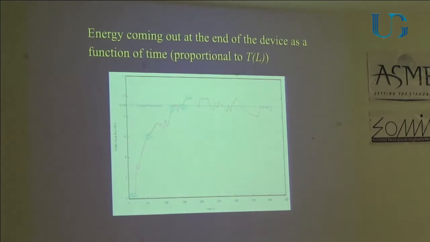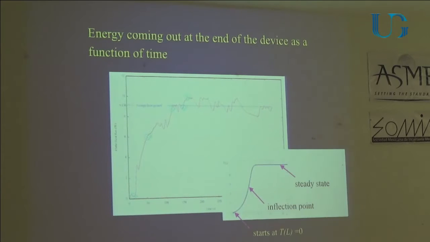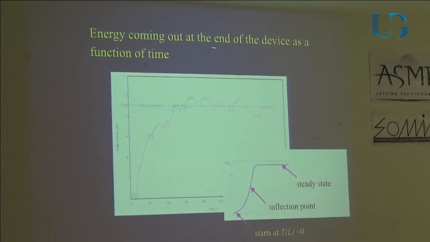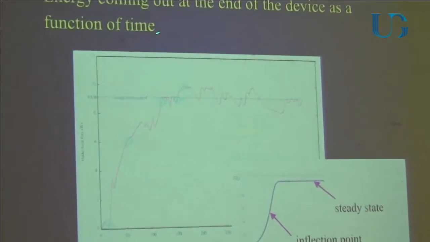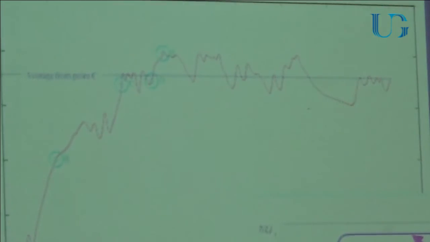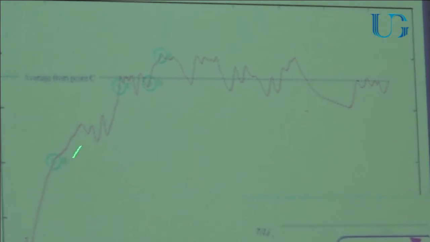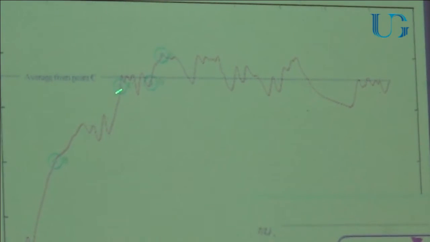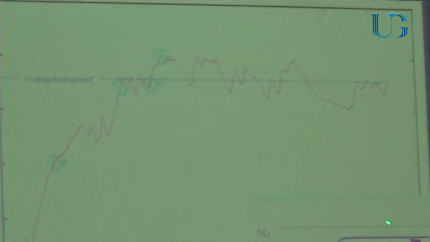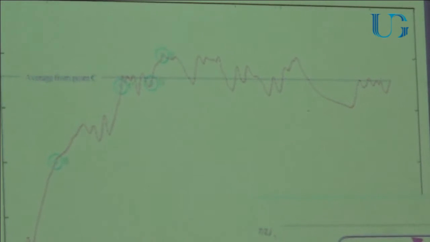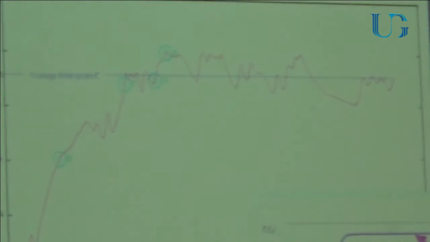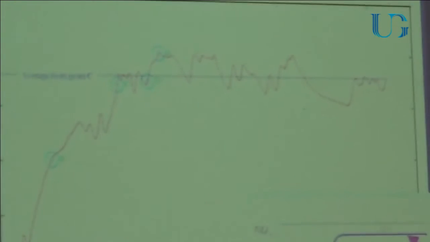Okay, first of all, let me show you the equivalent of the plot that I showed you last, which is in here. This is the energy coming out at the end of the device as a function of time, which is proportional to temperature. So we can compare this plot with this one, right? At the beginning, we are not extracting energy from the system.